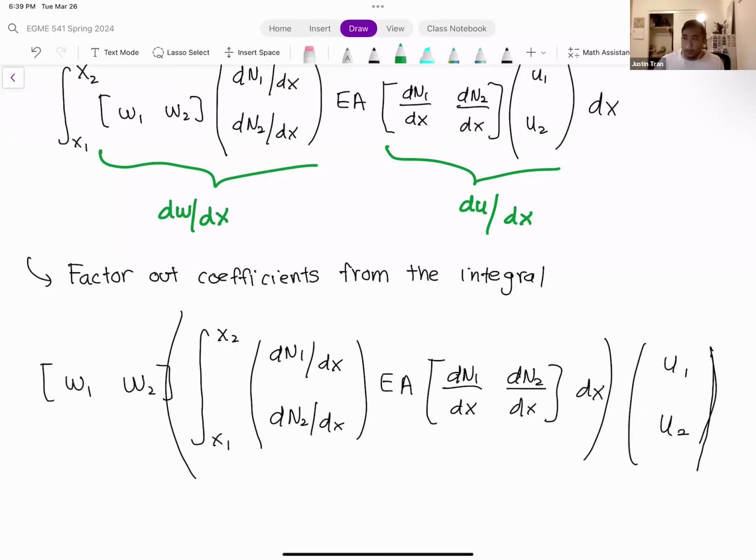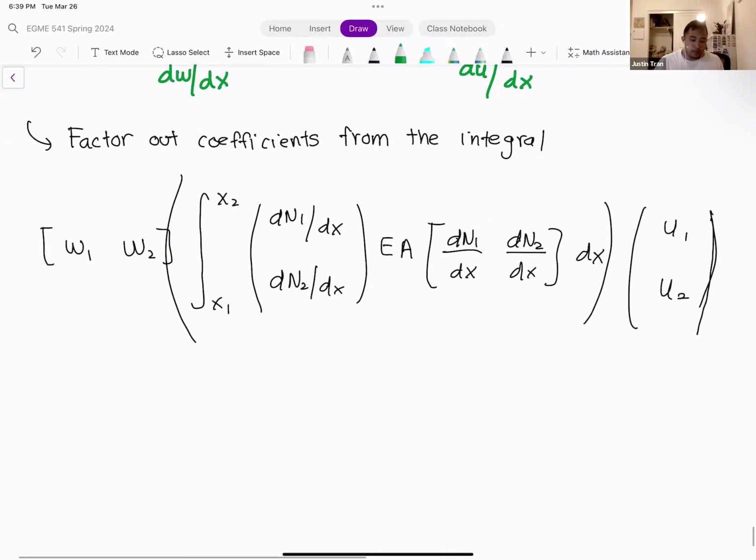What we have in the middle here, I've put in parentheses, and let me emphasize this with some color. If you actually do the vector-matrix multiplication, this first vector is a 2 by 1 column vector, 2 rows, 1 column, and this other vector is a 1 by 2.